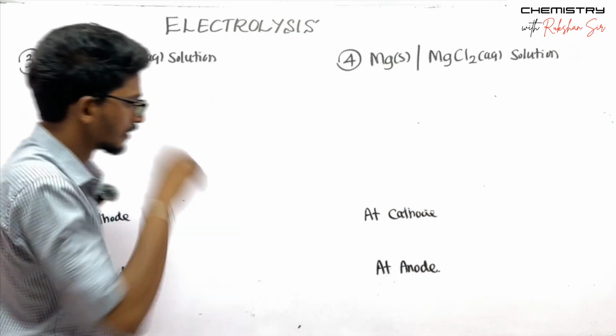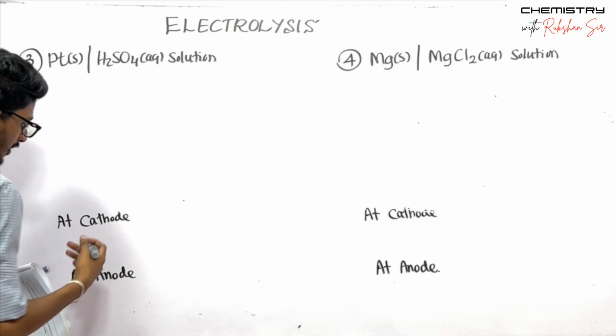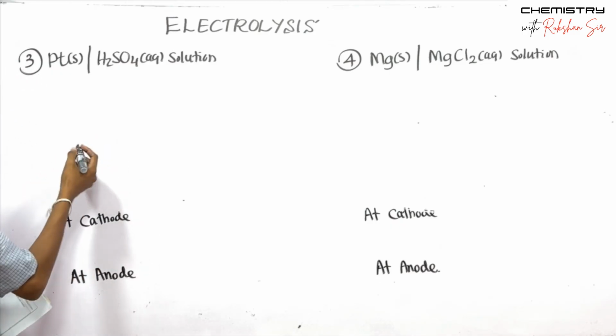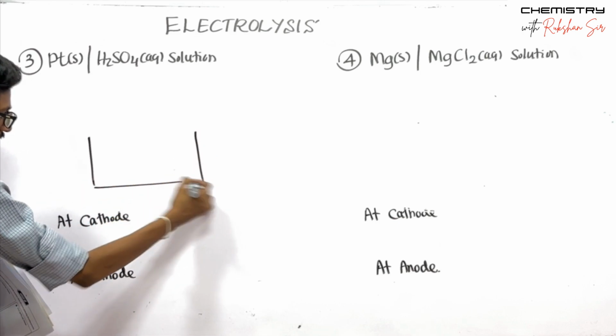Right. Let's try to come up with two equations of the cathode and anode. First, draw the picture, right? Without a picture, you can't comment. You can't think of what will happen there.